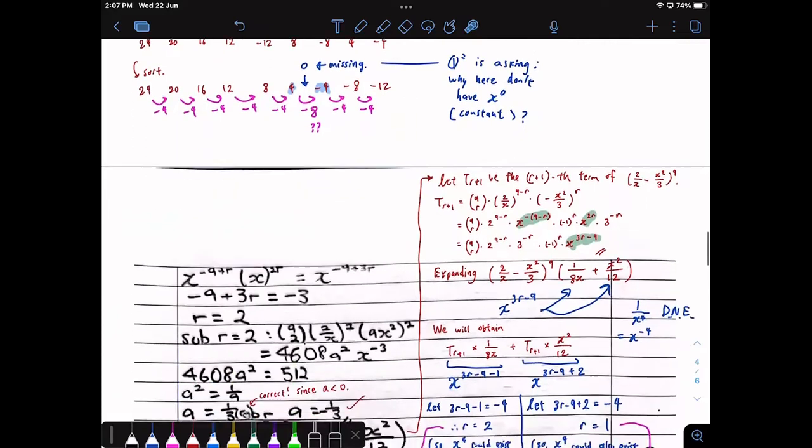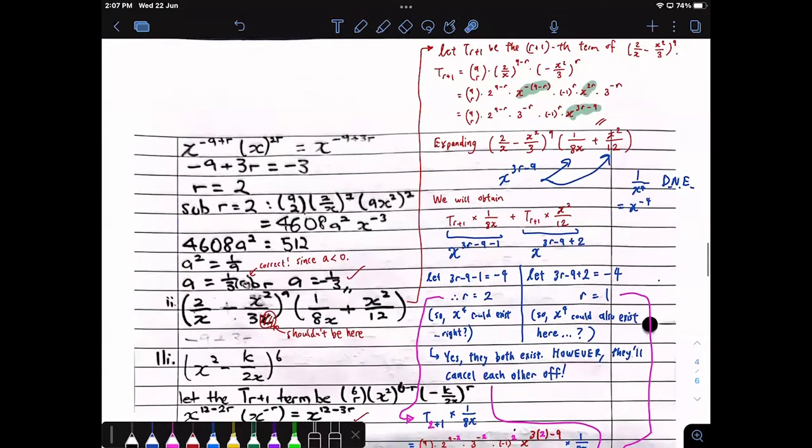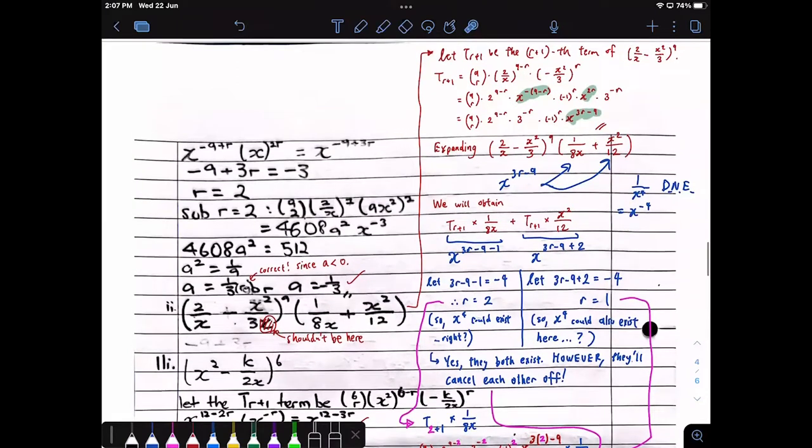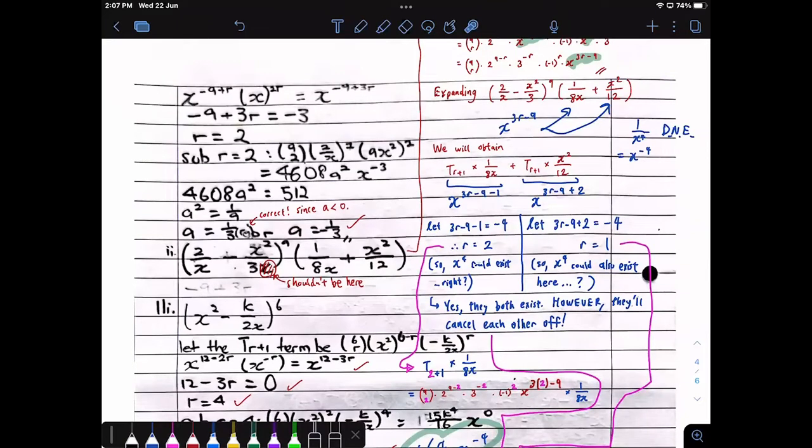Okay, then next question. What went wrong here? So same thing over in this question. In question 10, it's the same thing again, but here they say instead of constant, they talk about 1 over x power 4, which is x power -4.